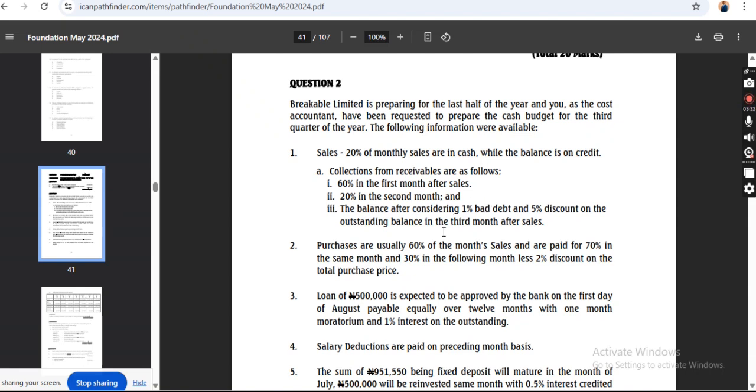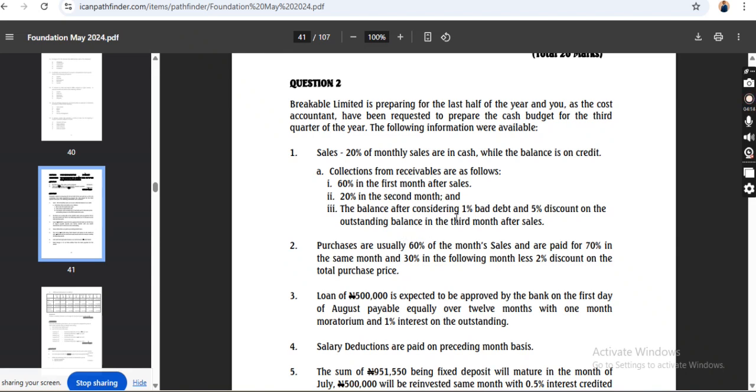The balance after considering 1% bad debt and 5% discount on the outstanding balance is collected in the third month after sales. The third month after sales should be 90 days. So if you receive 20% cash, then 60% in the first month after sales, 60 plus 20, 80, then 20% in the second month, right?